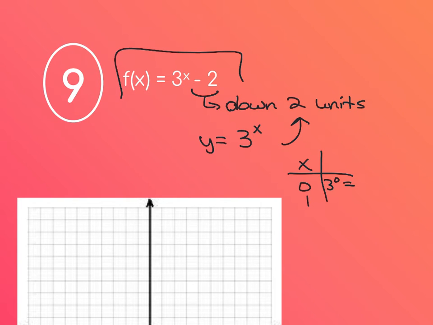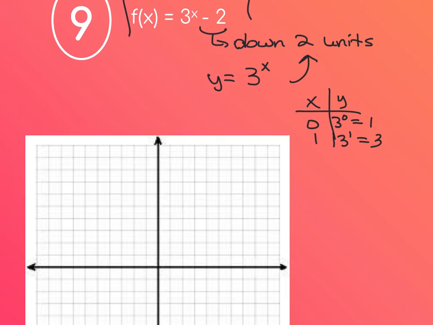So 3 to the 0 is 1. 3 to the first is 3. So I'm going to graph these ordered pairs, and then I'm going to shift these 2 ordered pairs 2 units down. So I'm going to graph 0, 1 and 1, 3. I'm going to go ahead and graph it.